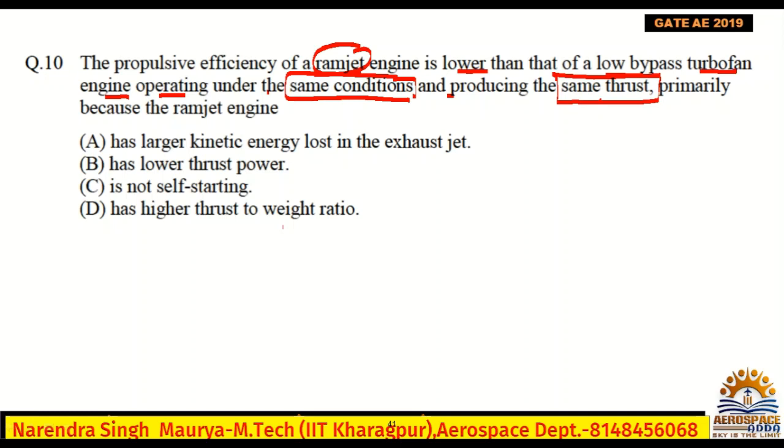So we'll go one by one for all the options, and we'll find which one is correct. First of all, we'll write given detail for this. They have mentioned same condition.